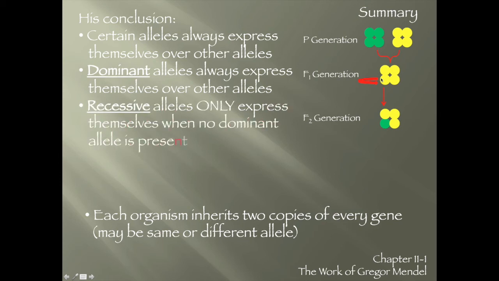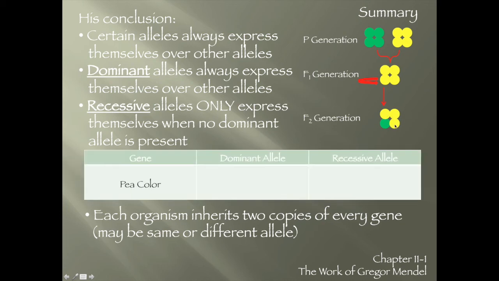The recessive will only show itself if it is inherited with another recessive allele, or if you will, green is only inherited with another green allele. So these guys down here inherited a green allele and another green allele, but these guys over here inherited at least 1 yellow allele. So going back to pea color, the dominant allele is yellow, the recessive allele is green.